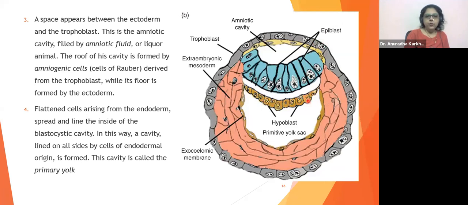Hypo is endo, epi is ecto. So here the yellow ones which are seen hanging are your hypo, and these blue ones are your epi. Epi means above, hypo means below. Yeah, endoderm, these hanging ones, these are the hypoblastic cells, correct?